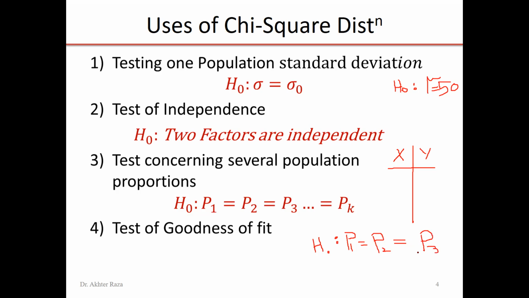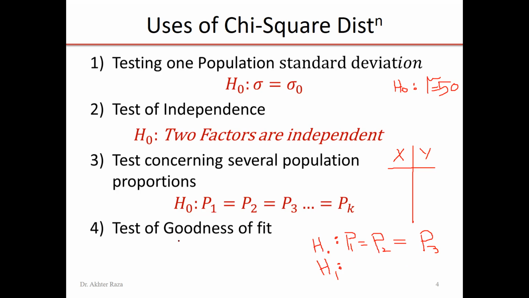Suppose there are 3 companies and company 3 is claiming that they have a large market share, their proportion is very high. P3 is claiming that. So that will be the alternate hypothesis, whether all 3 companies have equal proportion in the market of their customers.